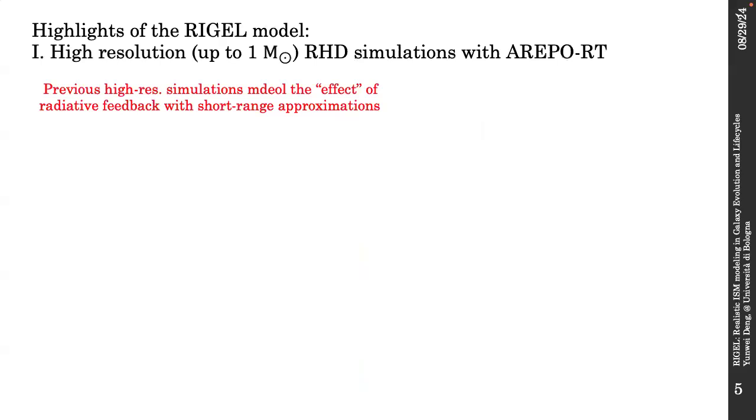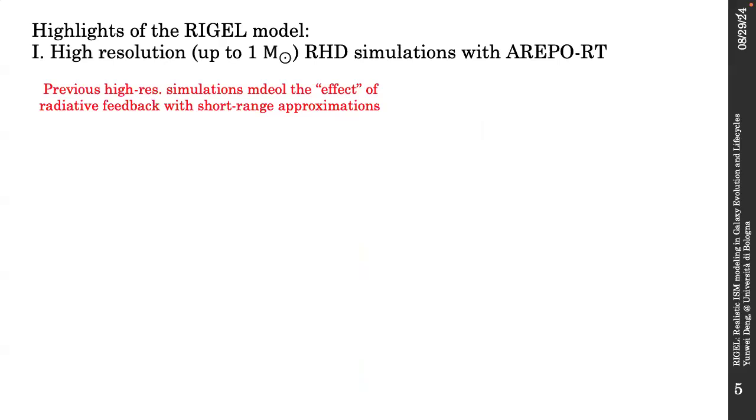So the first major highlight of our RIGEL model is that it used RT to conduct high-resolution simulations with on-the-fly radiative transfer, also at the solar mass resolution level.